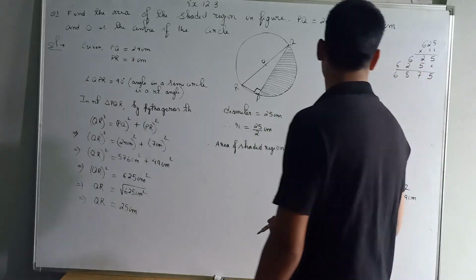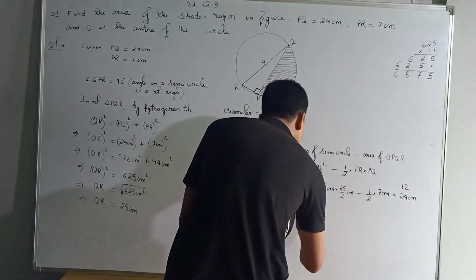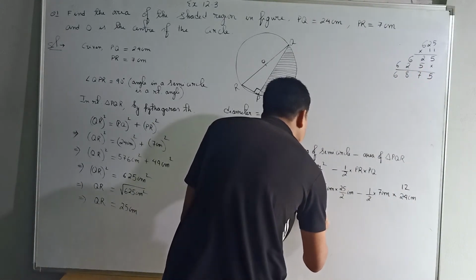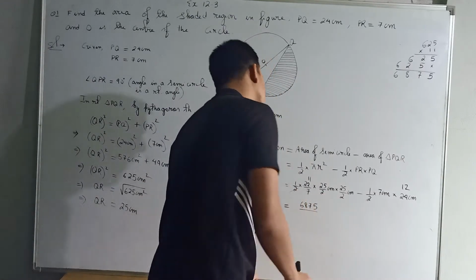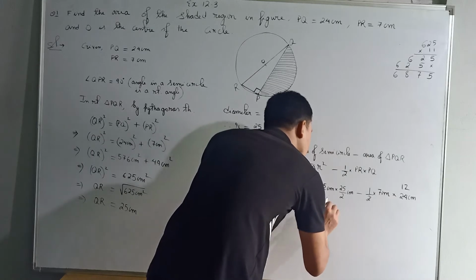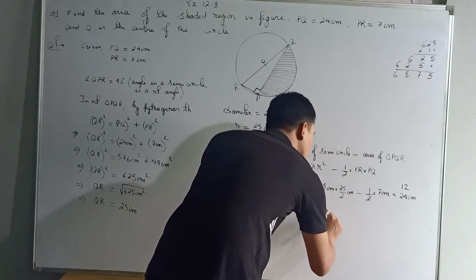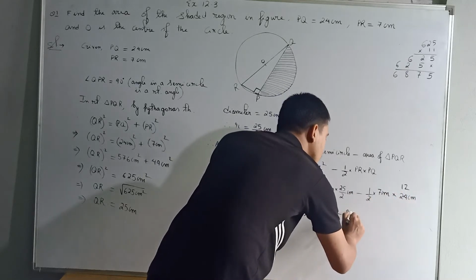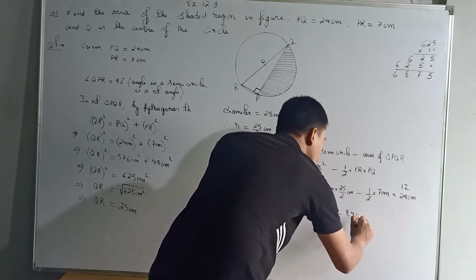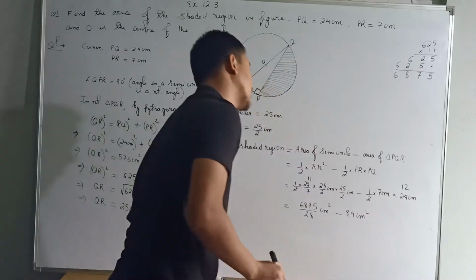So 6 8 7 5. 6 8 7 5 upon 2 times is 4, 4 7 times is 28 centimeter into centimeter square, minus 12 7 times is 84 centimeter into centimeter square.